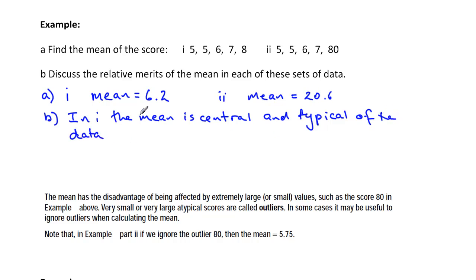So we would expect it. It looks like what we would expect. 6.2 is a good representation of it. So we could say it is a good measure of central tendency.